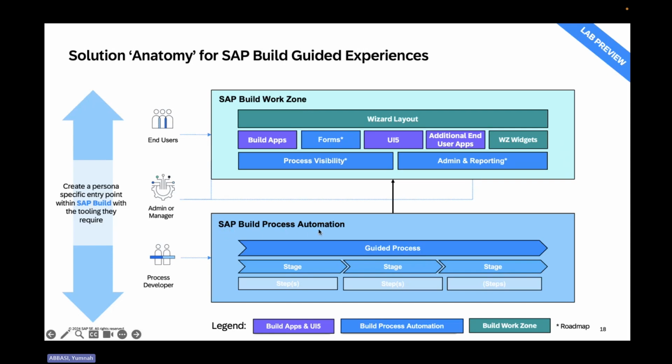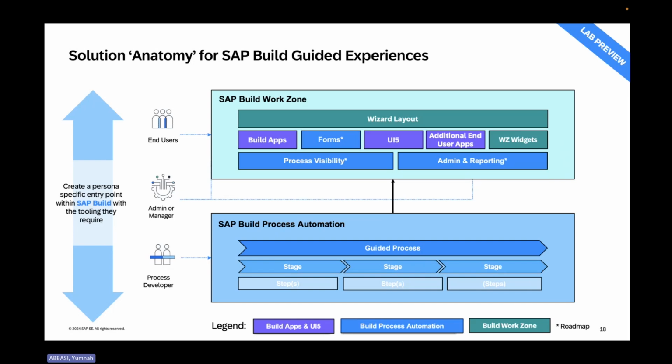Everything from SAP Build Process Automation, this dimension of the architecture, is in the final stages of development and will be released very soon. We're not talking about months or weeks, it's just days. Maybe we can touch upon that in our next webinars of this series as well.